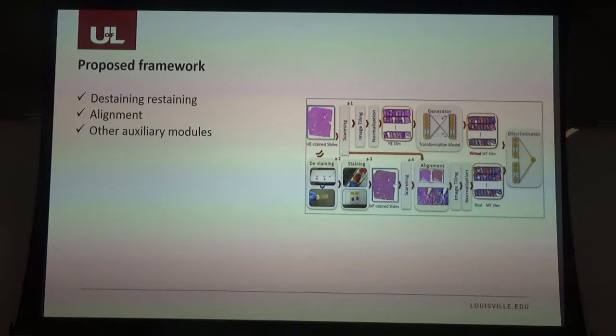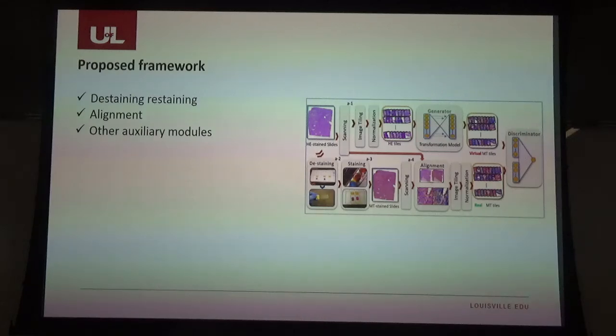Actually, we suggested that we can train our model using only H&E stained slides. We don't need trichrome. We start with the H&E staining, scan the image, and serve it on the cloud.